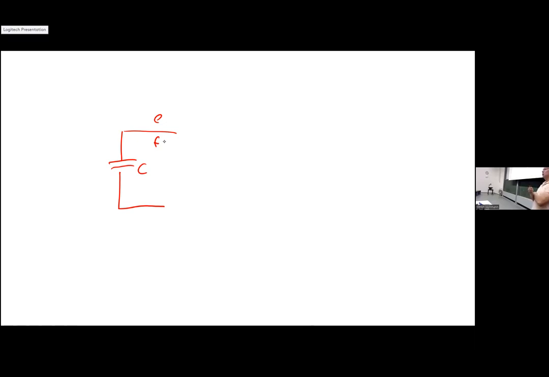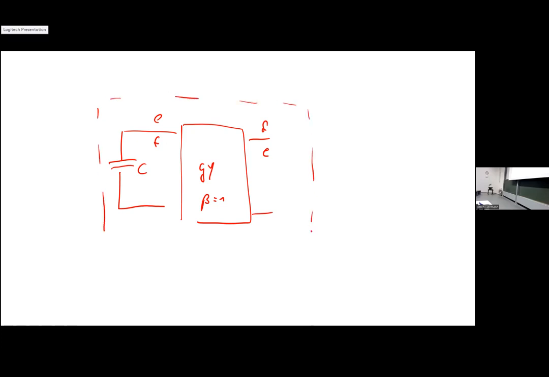We learned something about that in chapter 2. Yeah, a gyrator. So if you have a C and put a gyrator here in between with beta equal to 1, you have a mixture of the variables, you get F and E. And so if you put a box around it from here, the C looks like an L, isn't it?